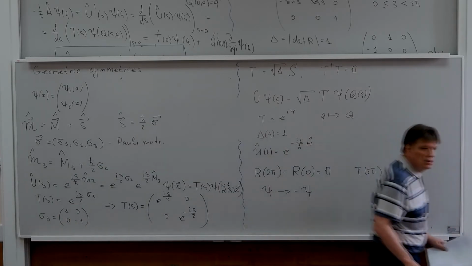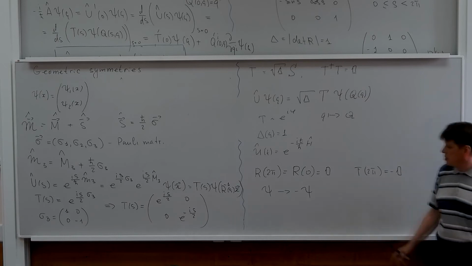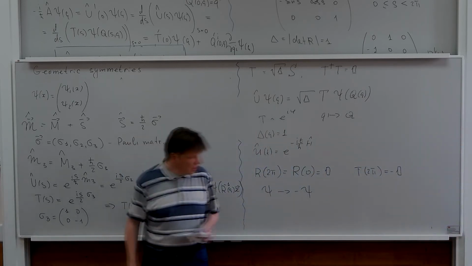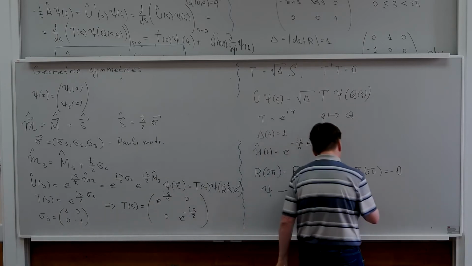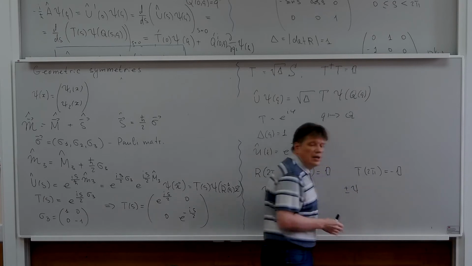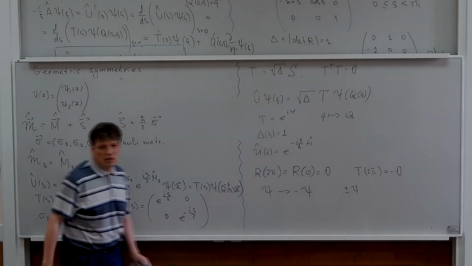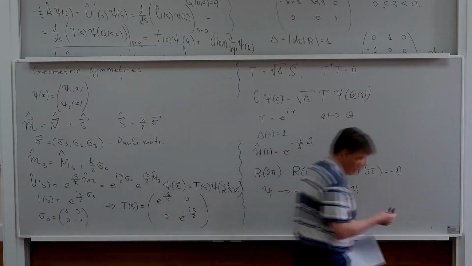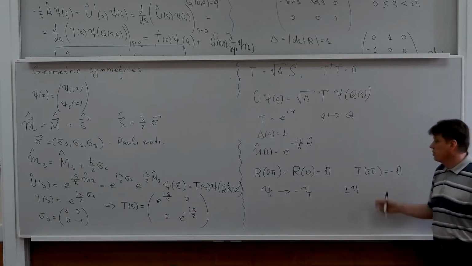This is just an inherent ambiguity in describing states by wave functions. The wave functions psi and minus psi describe the same physical state. So this change of sign is in a sense unphysical.